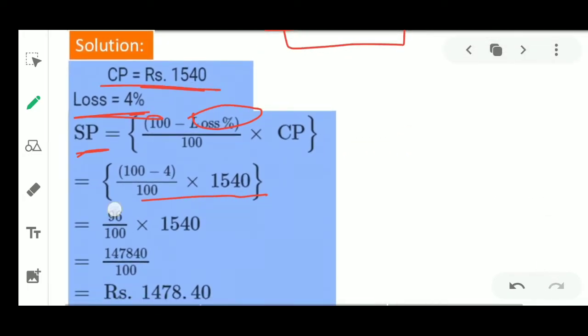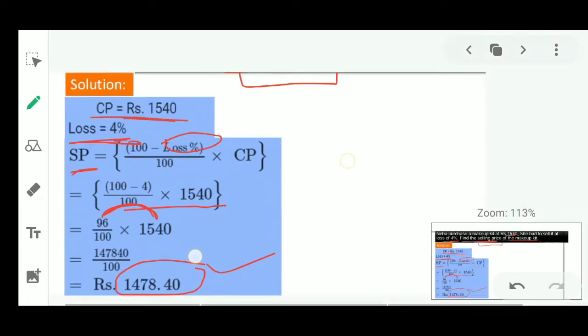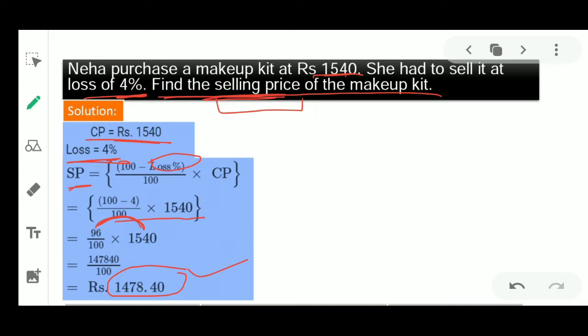Now 96 multiplied by 1540 equals 1,47,840 by 100, that will become 1478.40. That is the selling price of the makeup kit.